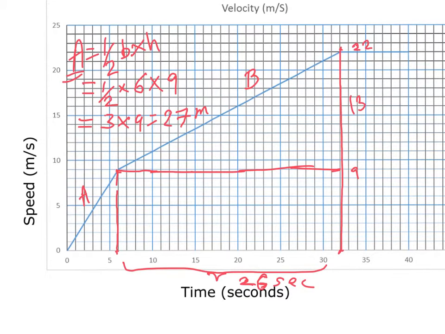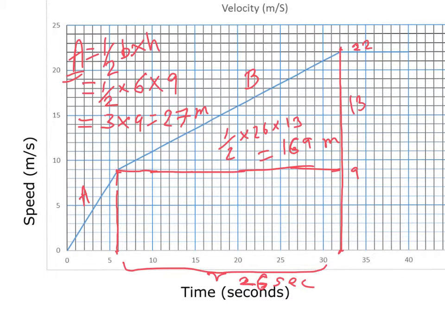So we're going to use 26 times 13 times half. So the area of the triangle is half times 26 times 13. So that's 13 times 13. That gives you 169 meters as we are working out the distance traveled. Of course, we are calculating the area, but the area gives you the distance traveled.